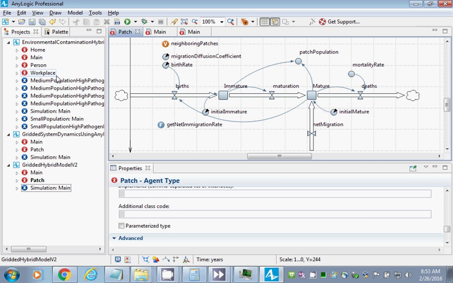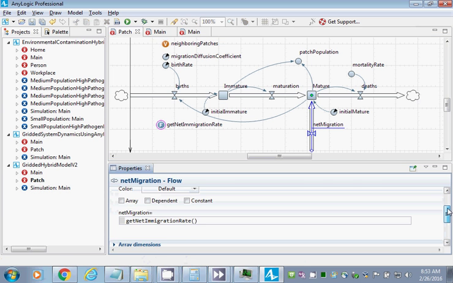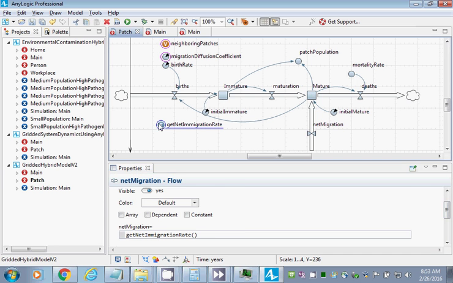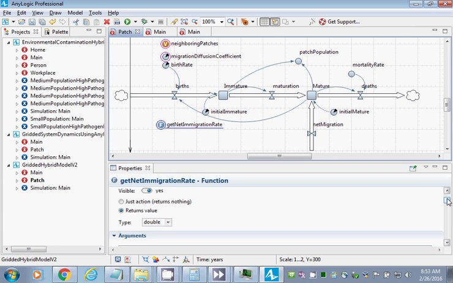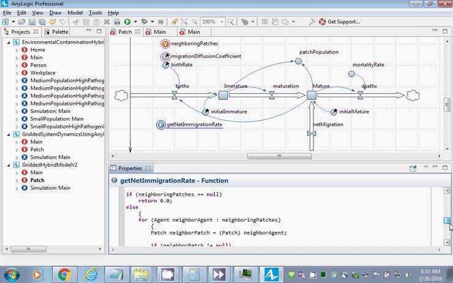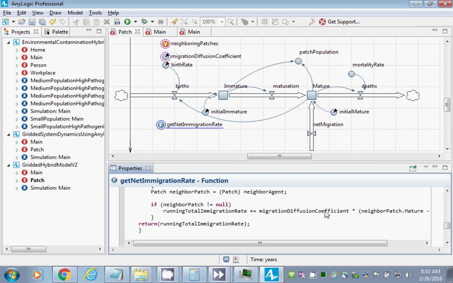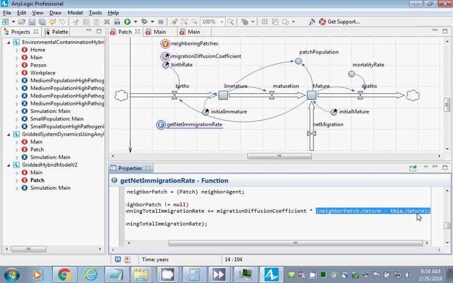The migration rates here were done in a very simple way by diffusion through get net immigration rate, and we had some diffusion coefficient times a difference in the number of mature specimens in two neighboring patches. So we had neighboring patches which could diffuse into a cell if they had more mature creatures than the cell at the center, or vice versa if the cell at the center had more than them.